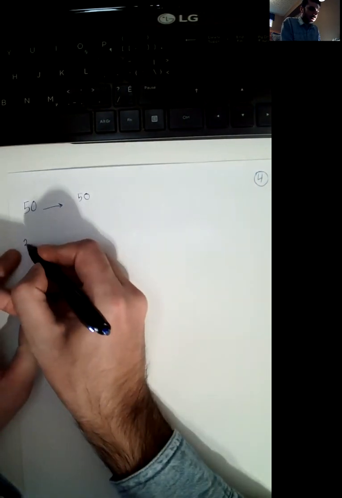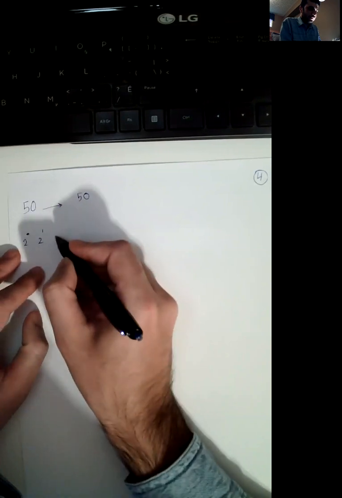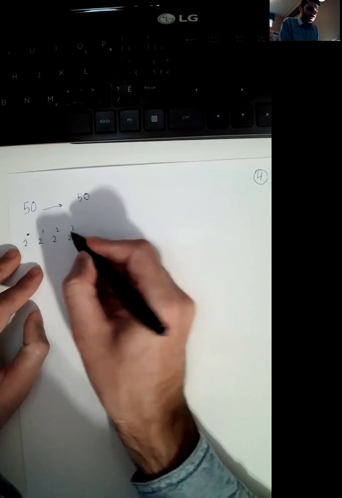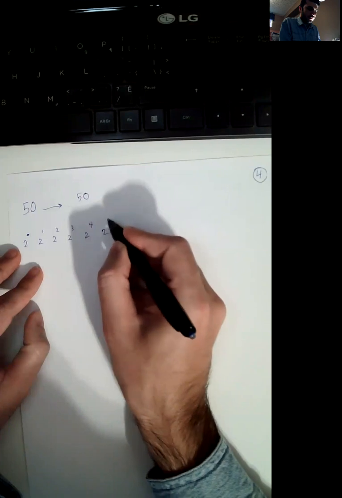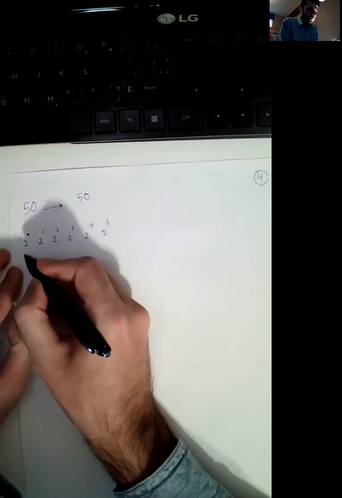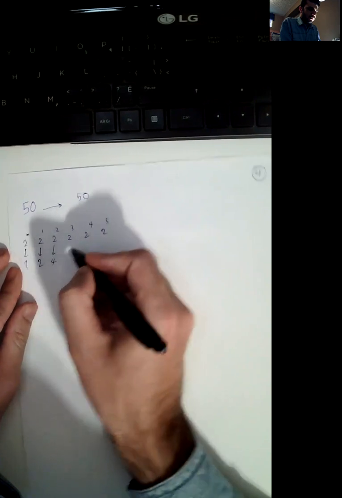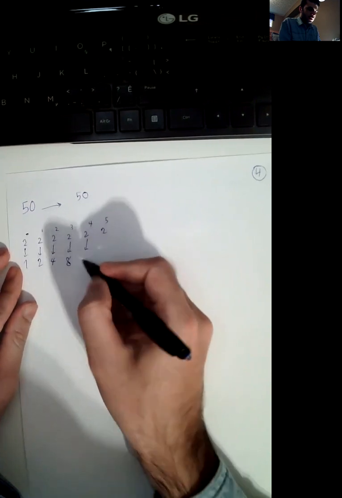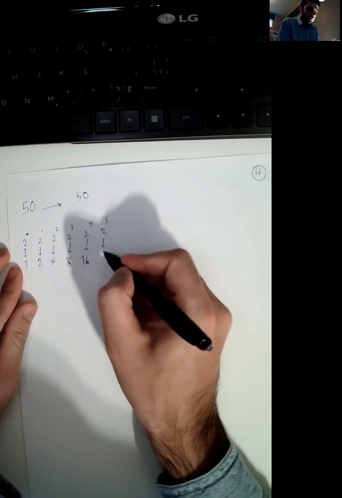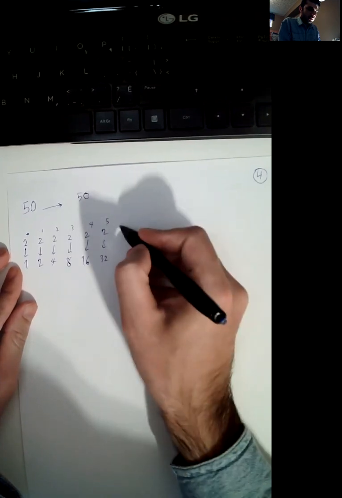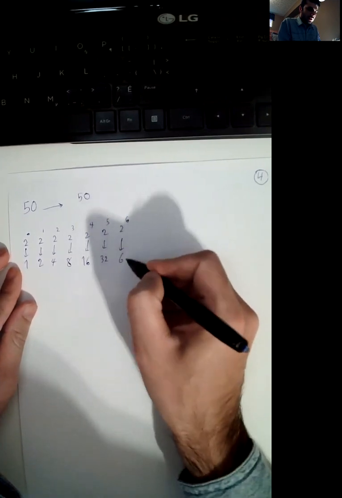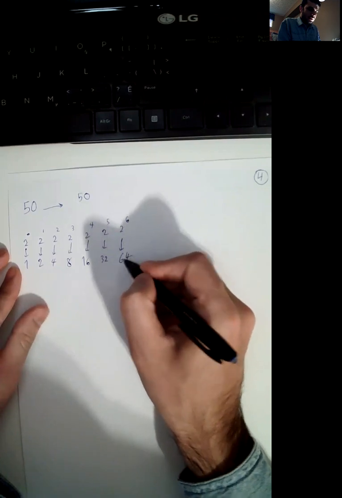I'm going to write the powers of 2 here: 1, 2, 4, 8, 16, 32, and this one is 64.